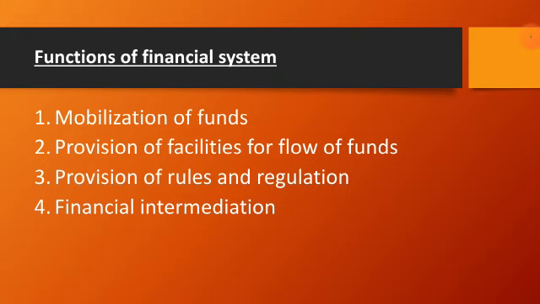Then number 4, you have financial intermediation. I just explained this previously, but let me quickly throw light on this one again. Financial intermediation simply means that in every economy there are those who need funds and those who want to access funds.